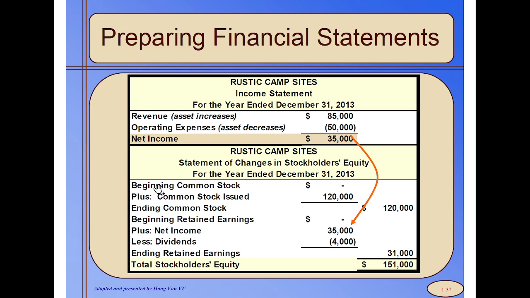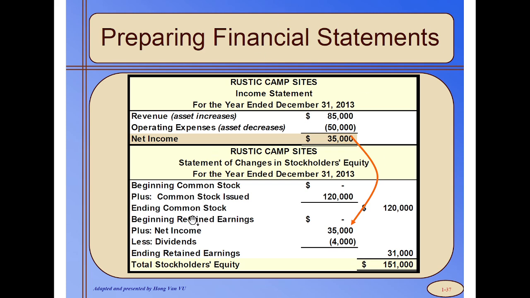For the first part, we look at the beginning common stock. The company on the first day has 0, and after that we add the common stock issued of 120,000. So now we have an ending common stock of 120,000.